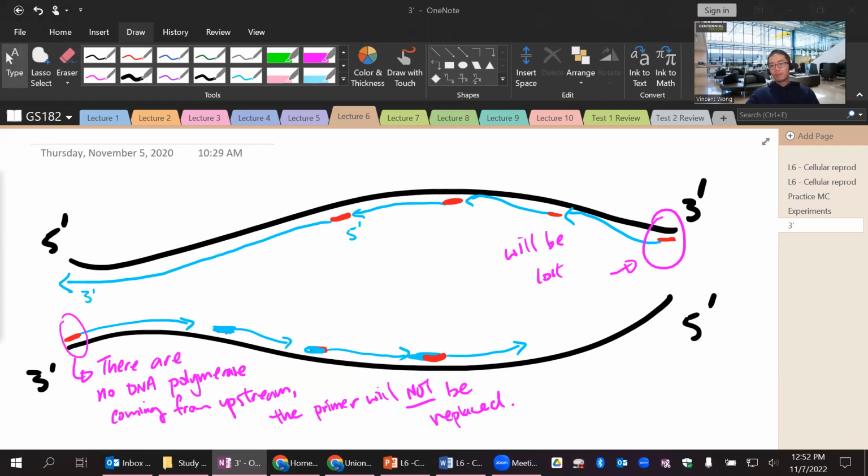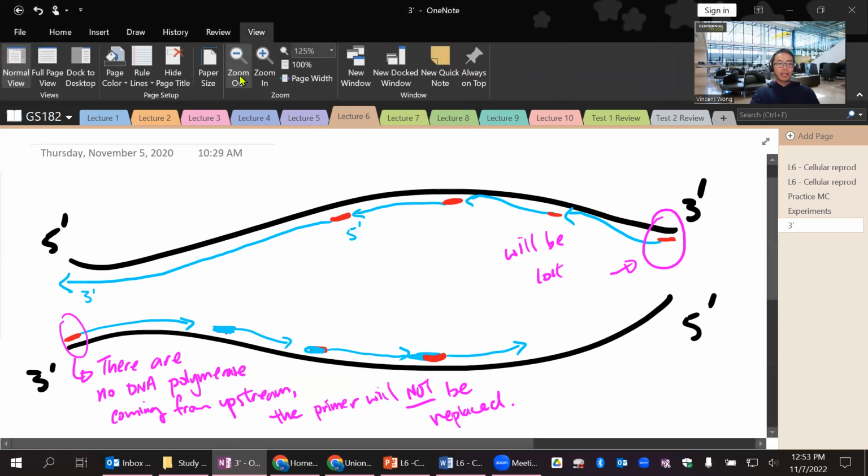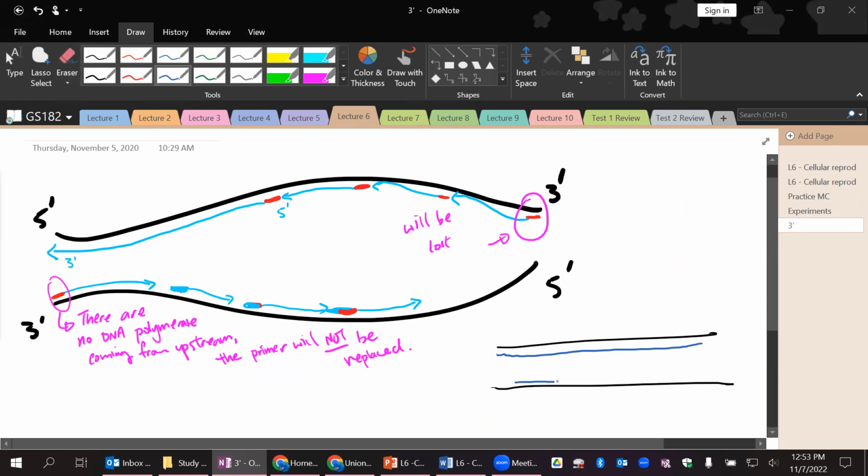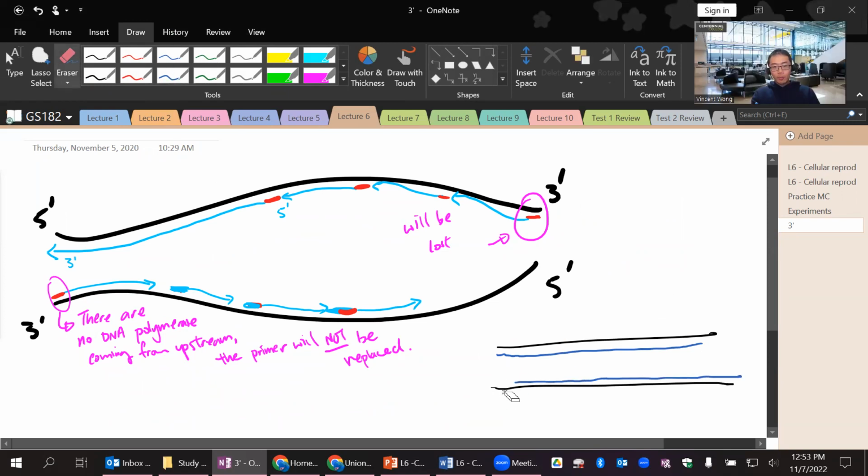So is it just the RNA primers on the 3 prime? Those are the only ones that won't change. That's right. But here's the thing, I kind of understand what you are really asking. Let's say this is the original one. Afterwards, you will copy everything, but missing a little bit here. And same thing on the other side, you will copy everything, and then you will be missing a little bit here.